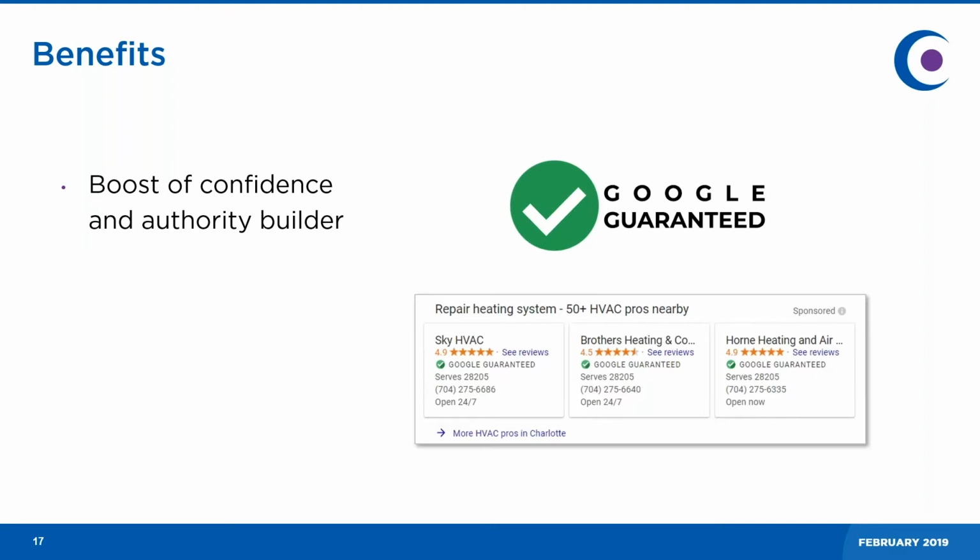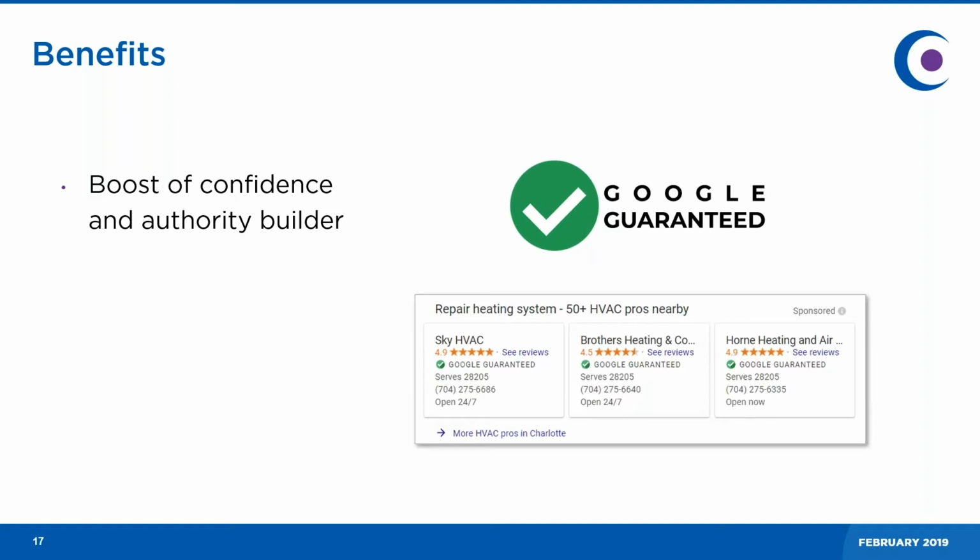It's similar to the birds of a feather flock together approach. For those of you unfamiliar with that saying, simply put, when homeowners see that their peers or other homeowners living in the same location as them, same city, same zip code, potentially in the same neighborhood, have worked with a Google guaranteed HVAC contractor, they then have the confidence to make an educated buying decision that you're the right company for them to reach out to.